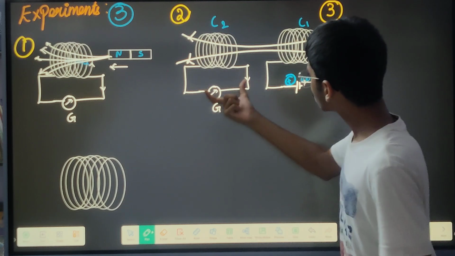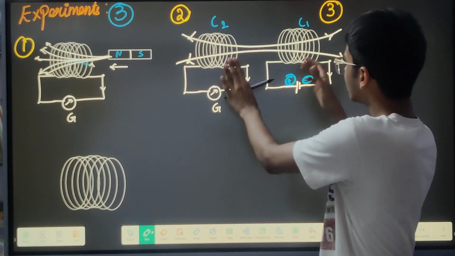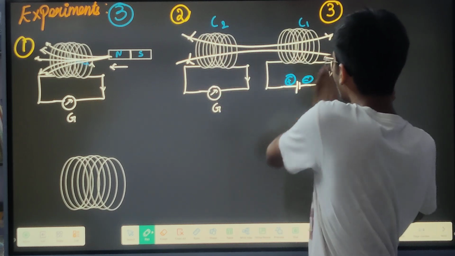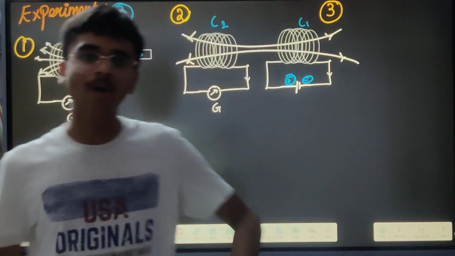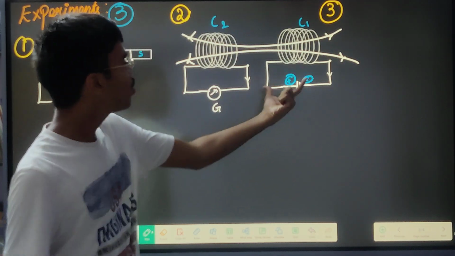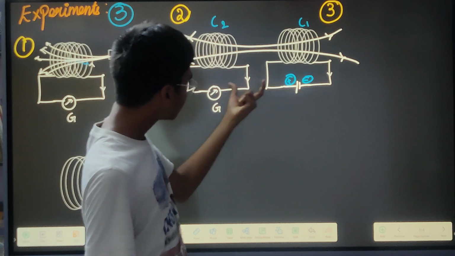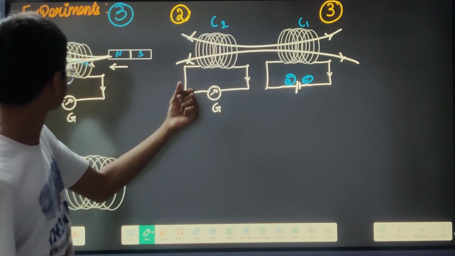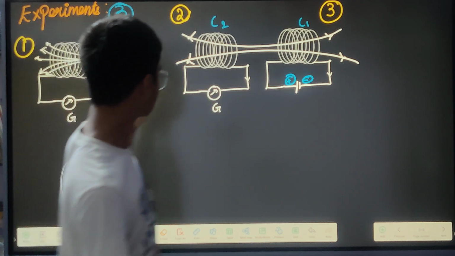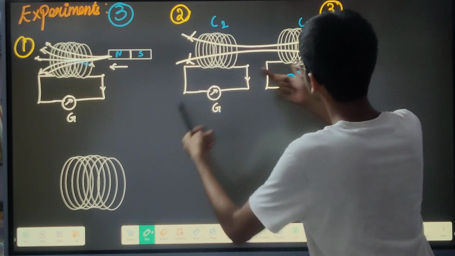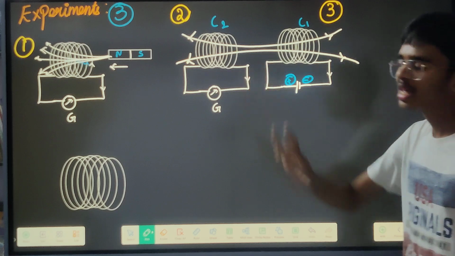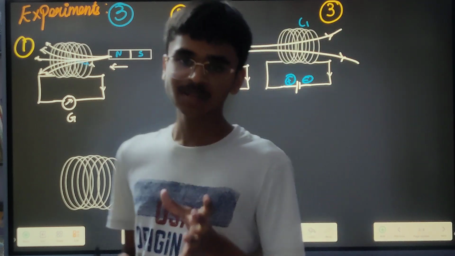Now this coil is the one that has current in it. As you can see here, it has a battery. And this coil doesn't have anything like that. Now when you shake it, bringing it closer and shaking it, automatically there is a change in the magnetic flux. There should be a disturbance in the magnetic field.